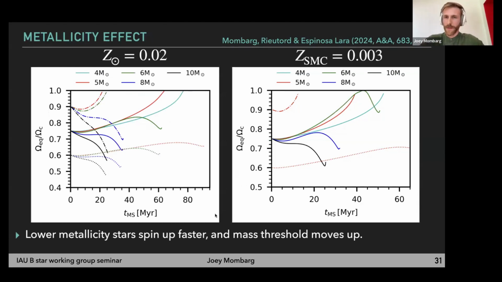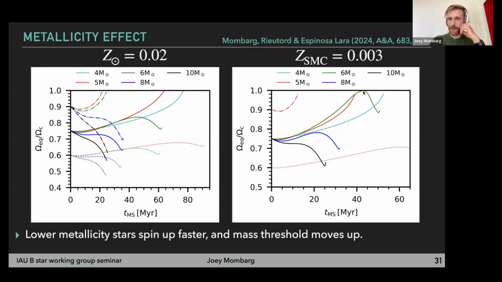As I said, we've also done this exercise not only for galactic stars, but also for metallicity corresponding to the SMC. And we find some interesting things there as well. If we go to lower metallicity, we can also spin up stars of a higher mass.